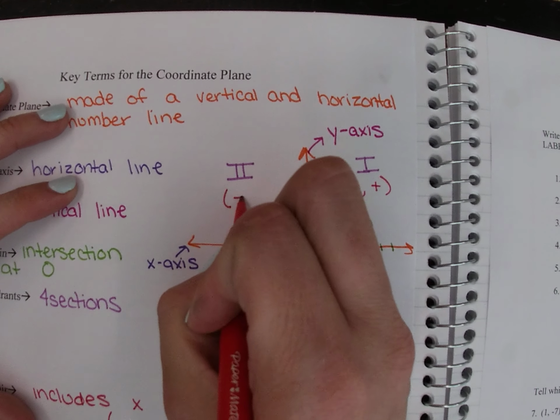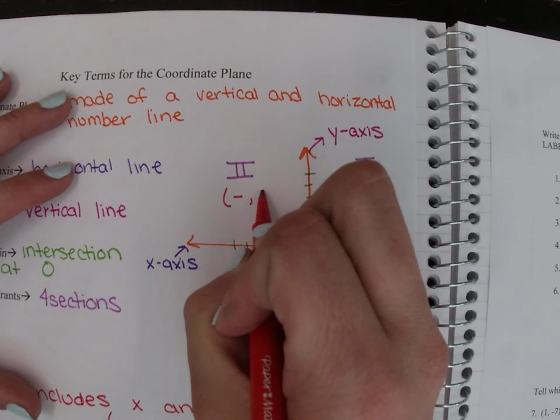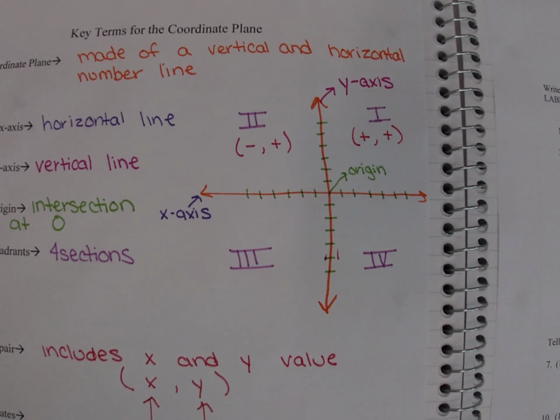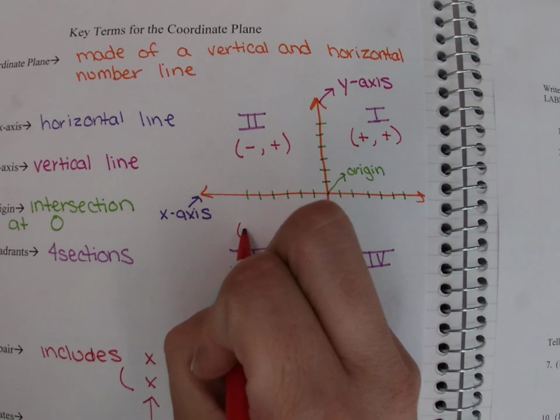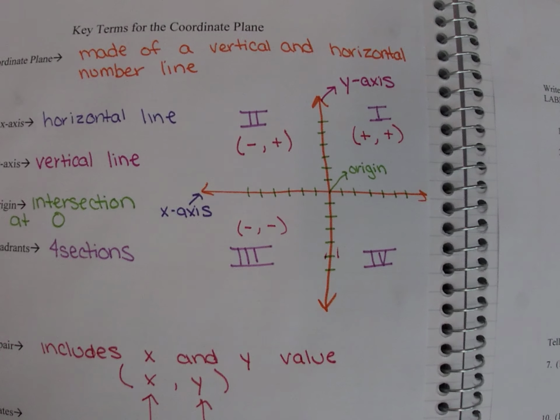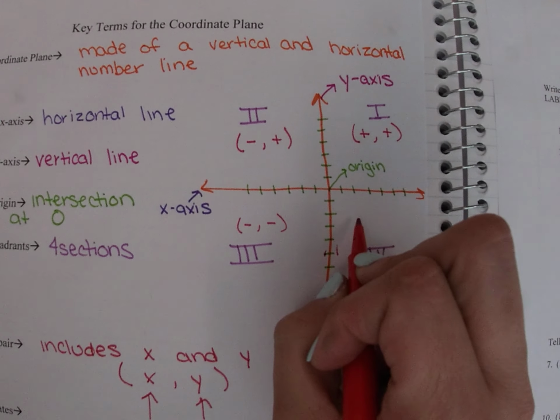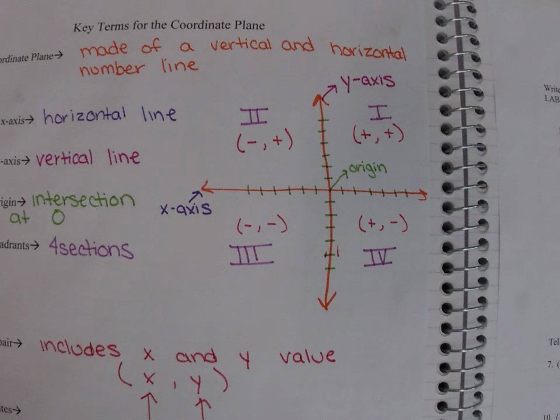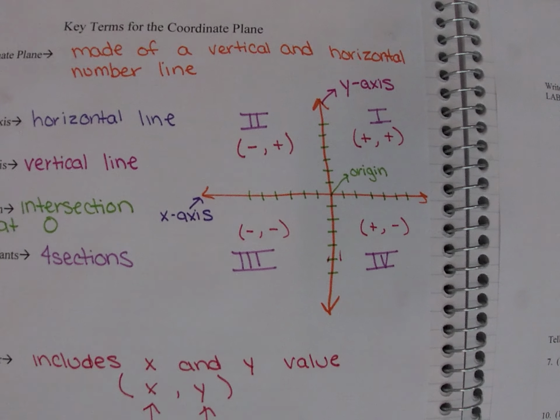If our X value is negative and our Y value is positive, we will then be in quadrant 2. If our X value is negative and our Y value is negative, we will be in quadrant 3. And if our X value is positive and our Y value is negative, we will be in quadrant 4.